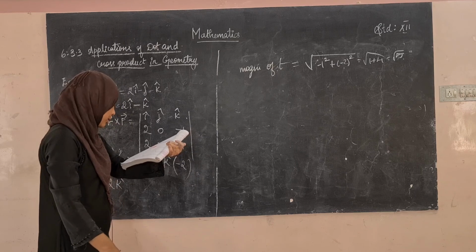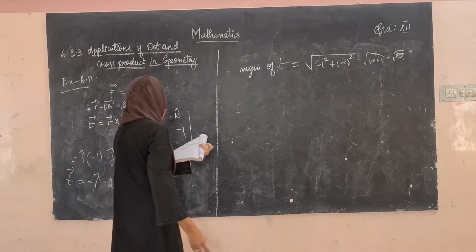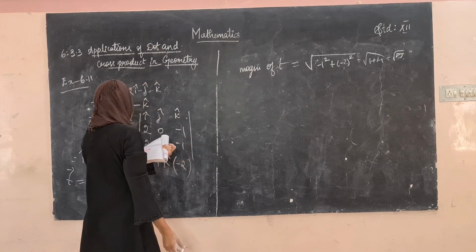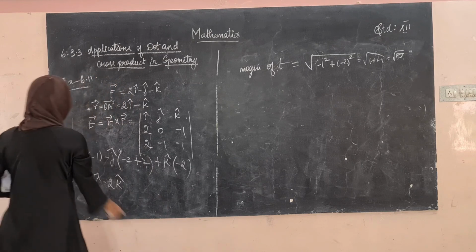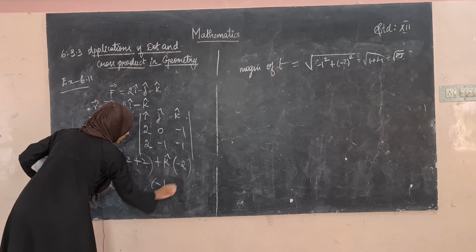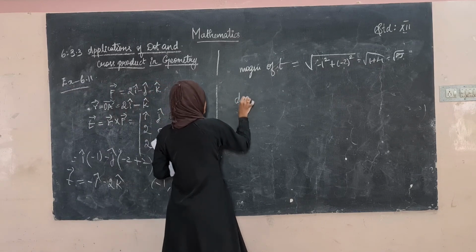And if you want to find the direction cosine, how can you find it? Okay, so the components of the torque are minus 1, 0, minus 2. So the direction cosine is given like this.